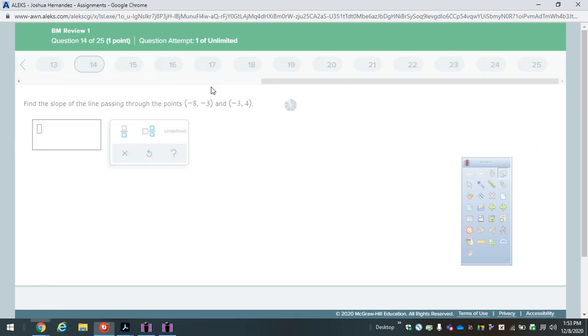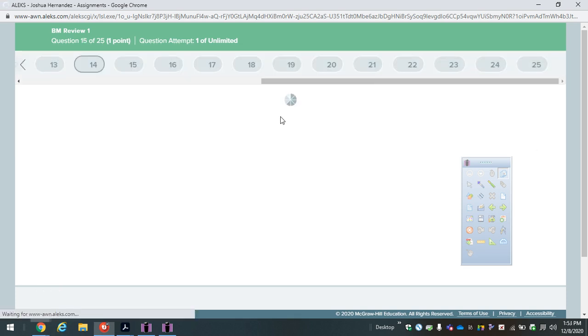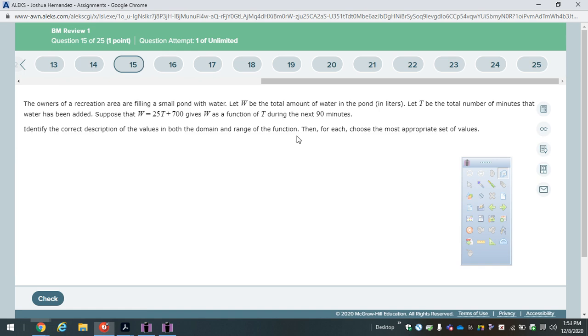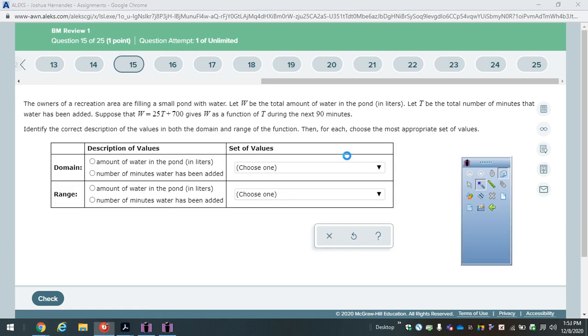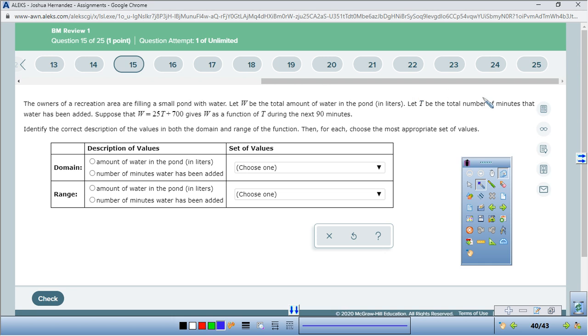Let's look at 15. Okay, so this one again, I tell everybody, you don't have to read, there's a lot of words, but it's usually y is equal to mx plus b. Look at the form. So x is your t, okay? Y is your w. Now, when it comes to this one, they're asking domain and range.